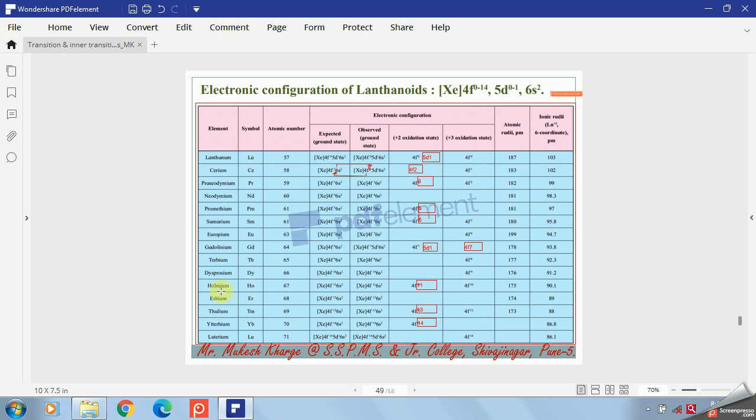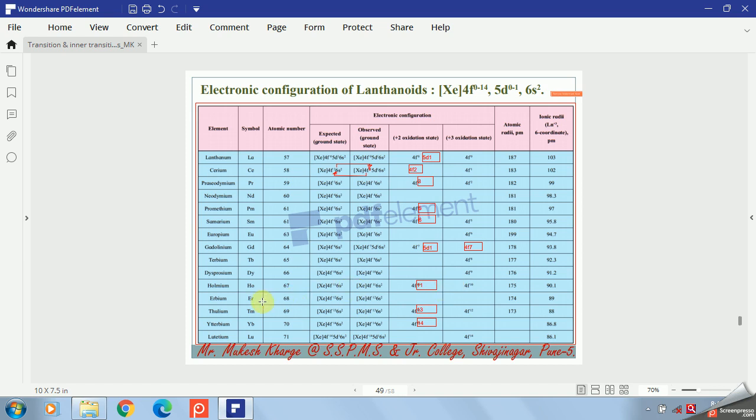Then holmium, the observed and expected electronic configuration is xenon 4f11 6s2. Here again one correction: if we donate 2 electrons, Ho2+ is xenon 4f11. Okay. And for Ho3+ it is 4f10.